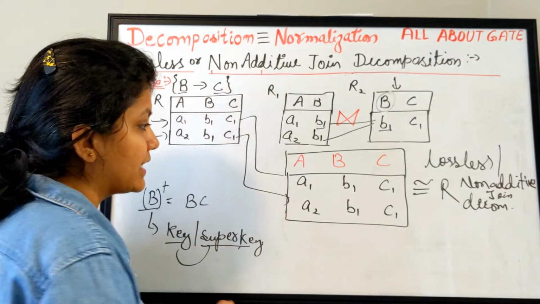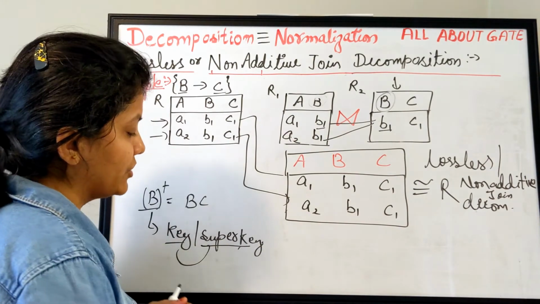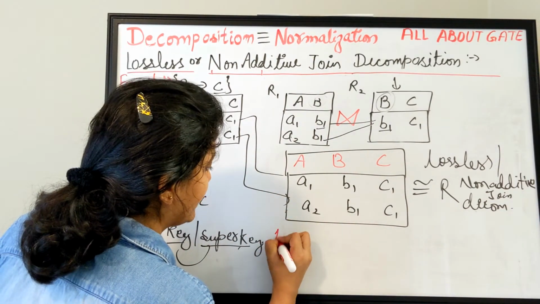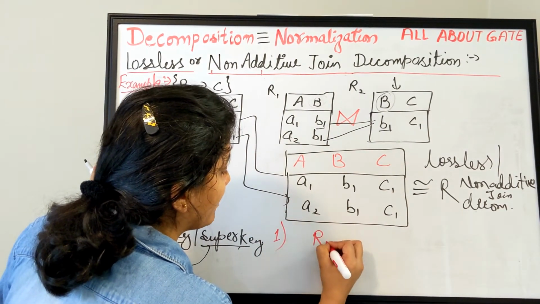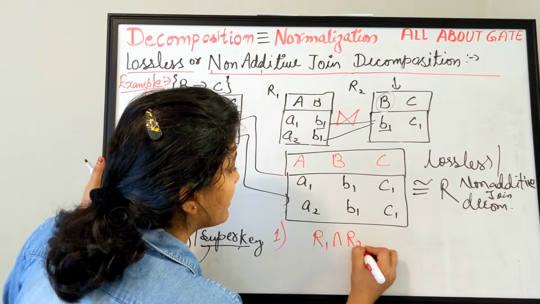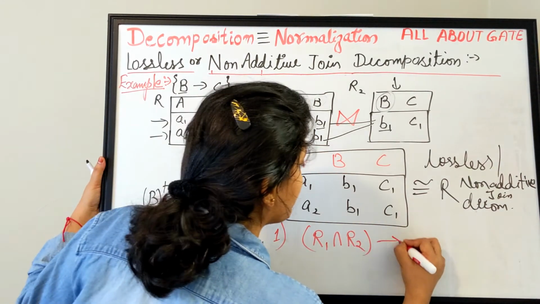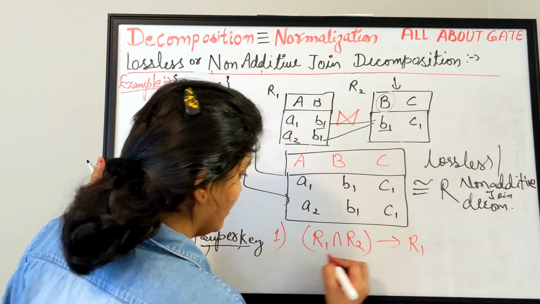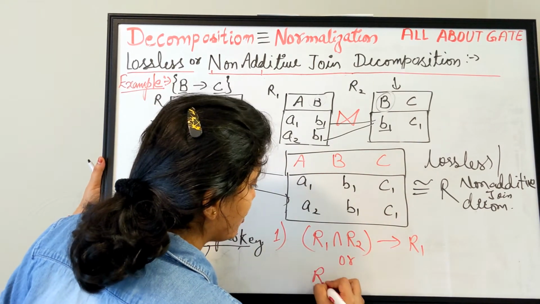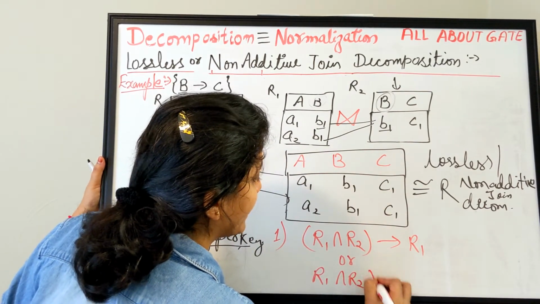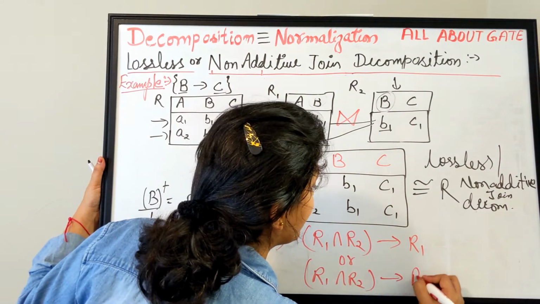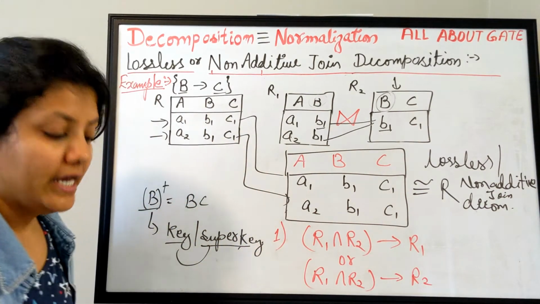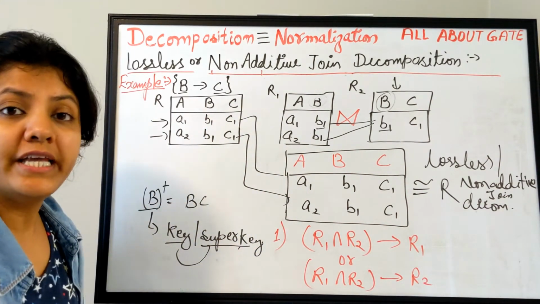The condition is very simple. Condition one says that whatever the common attribute between R1 and R2, it should determine R1, or the common attribute between R1 and R2 should determine R2. Either R1 or R2.